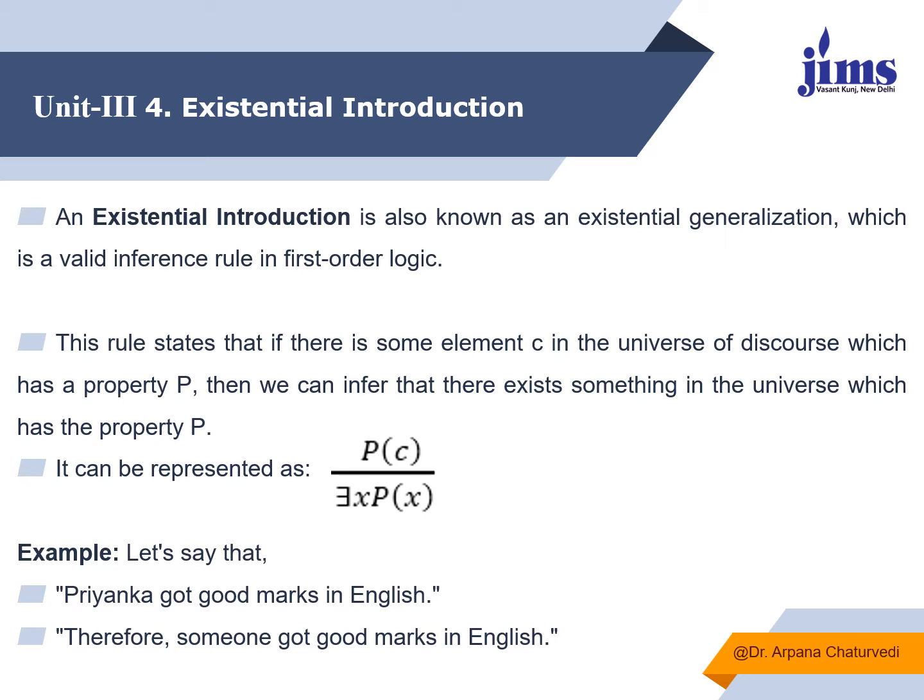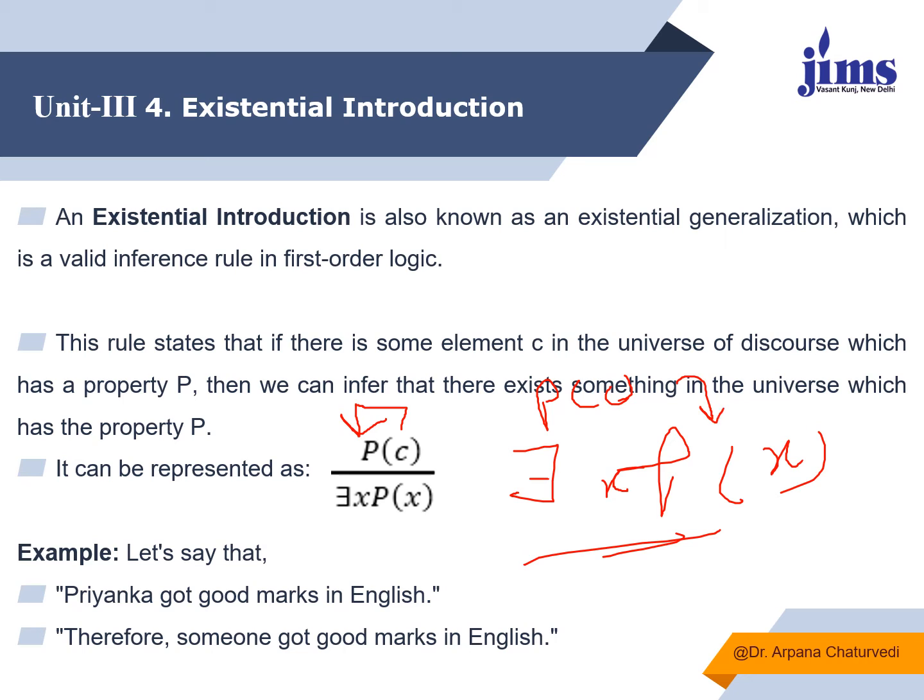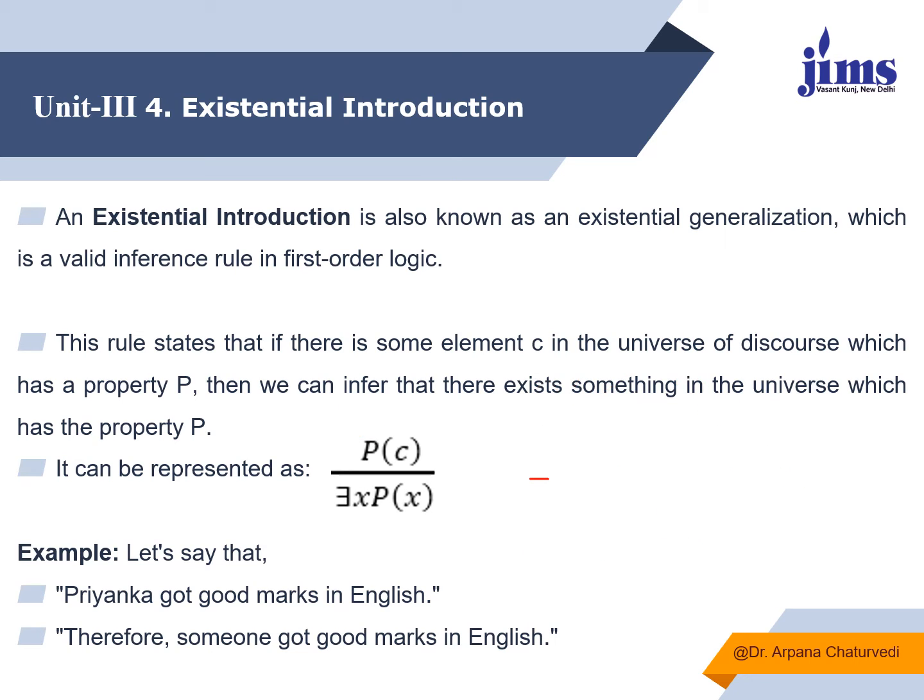The rule states that if there is some element c in the universe which has some property P, then definitely there exist some more x which will have that kind of property. So instead of talking about c, I can say there exists some x such that x has this particular property or predicate. So instead of writing a constant, we have written a generalized statement. That is existential introduction or generalization.